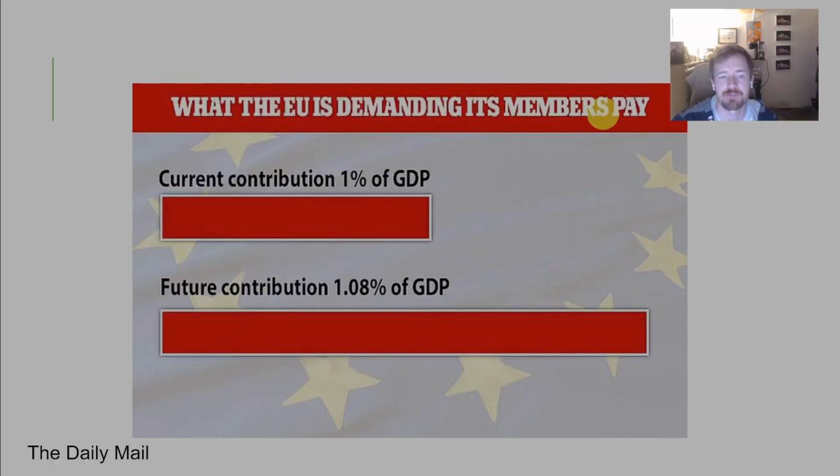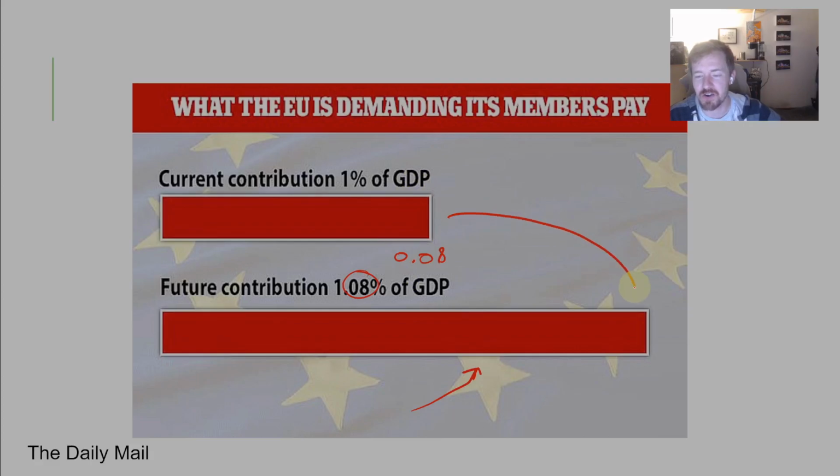Here is another one. What is the European Union demanding its members pay? The current contribution of its GDP is 1%. The future contribution is 1.08%, where this almost looks like they're saying that they want it to be almost twice as much, but in fact it's actually not even 1%, not even 0.5%, not even 0.1%, it's 0.08%.